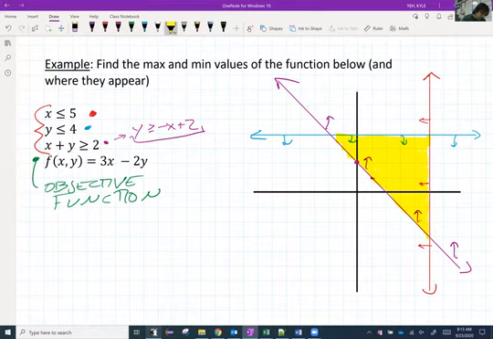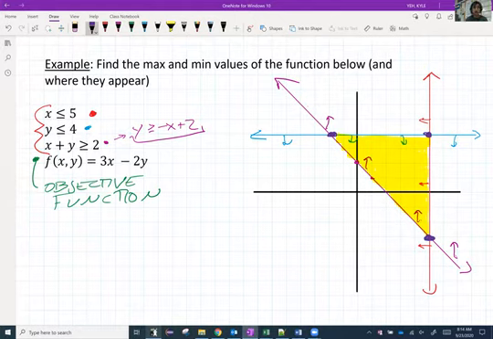What are we working towards right now? We are working towards finding the max and the min values of the objective function. And here's where we're going to pull out the fundamental theorem of linear programming, which says we have our feasible region, we know we're looking for max and min, we don't have to test everything. The only points we have to test are here, here, and here.